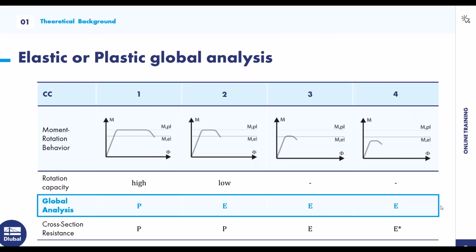Elastic or plastic global analysis. Whether an elastic or plastic calculation is possible always depends on the cross-section classes. There are 4 cross-section classes. In the first cross-section class, there's a high rotational capacity, and this allows a plastic structure calculation.